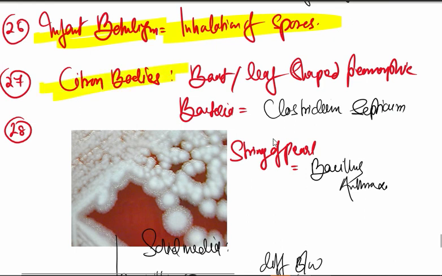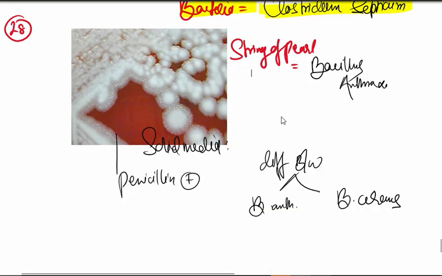Citron bodies, the boat or leaf shaped pleomorphic bacteria of Clostridium septicum. Next, what is this? This is the string of pearl appearance of Bacillus anthracis, and this is in solid media, this colony differentiates between Bacillus anthracis and Bacillus cereus.